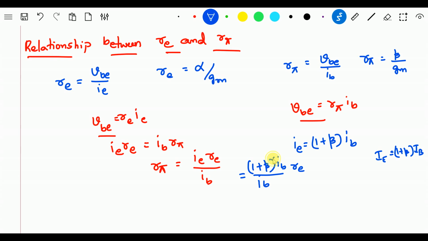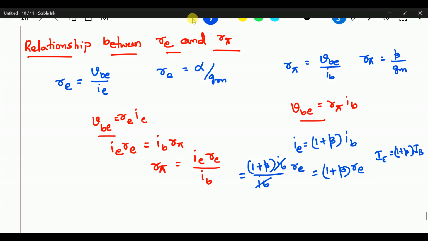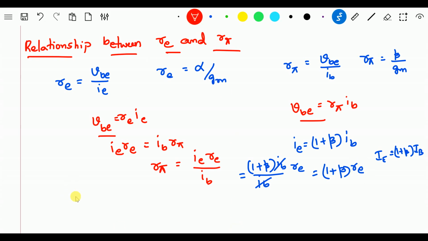So if you see here, IB and IB get cancelled. You are left with 1 plus beta into RE. Therefore, finally, my equation would be R pi is equal to 1 plus beta times RE.